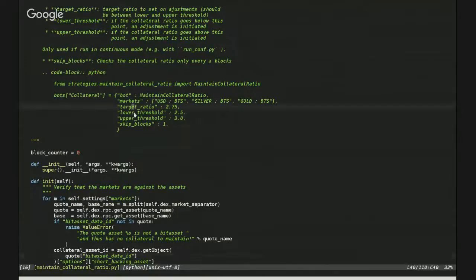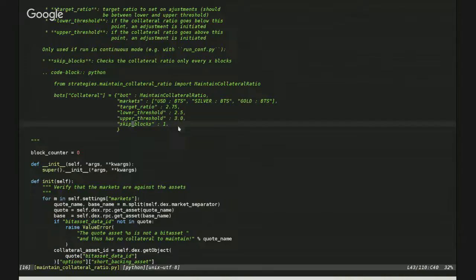Then there's a target ratio, which is in this case 2.75, a lower threshold that says 2.5 and an upper threshold of 3.0. And what it does is it actually does that every block, as you can see. It checks whether the collateral ratio of your USD debt position, silver debt position, and gold debt or call position is in between 3.0 and 2.5.